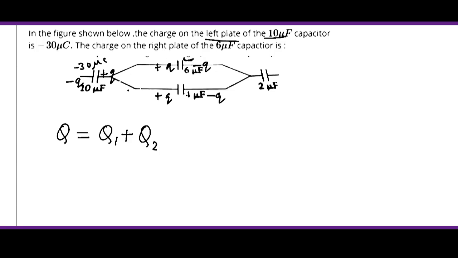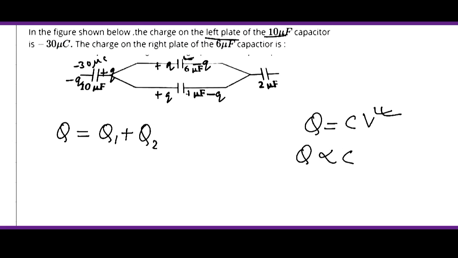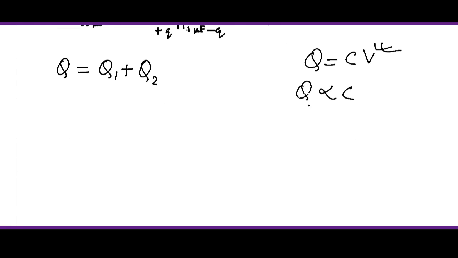Now we know that the charge is related to capacitance and voltage. But the voltage is constant, so the charge is directly proportional to capacitance. So for these two capacitors we can write q1 by q2 equal to c1 by c2.